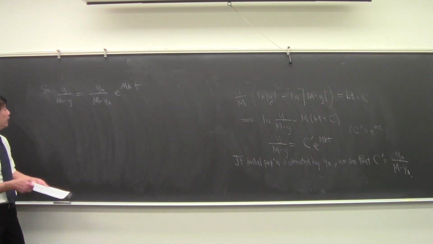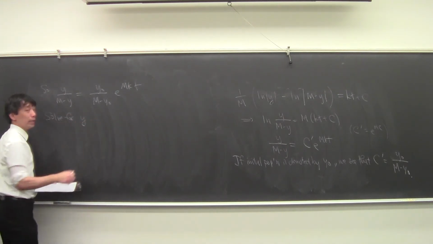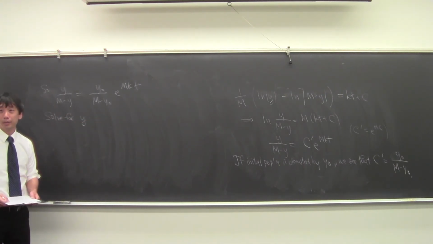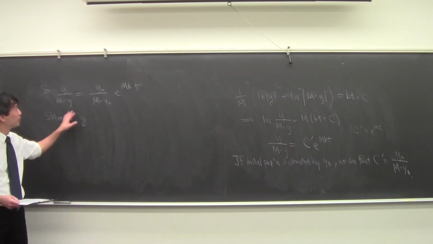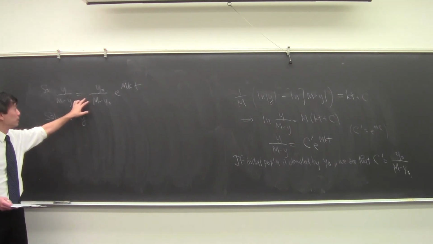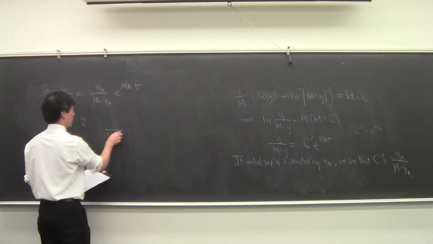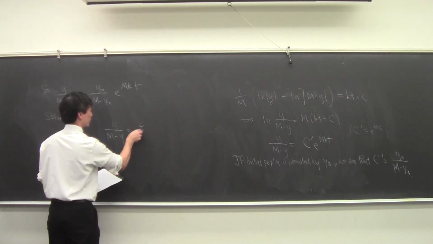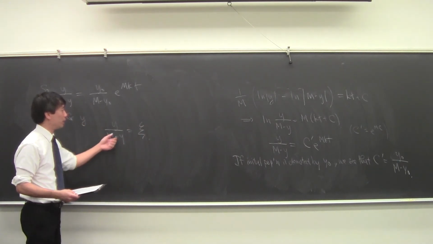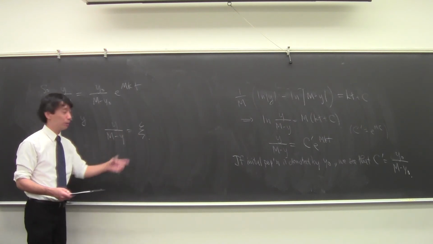Okay, and then we need to solve for y. How do you solve for y? This is just algebra. I've got y over n minus y equals something. It's just junior high school again.